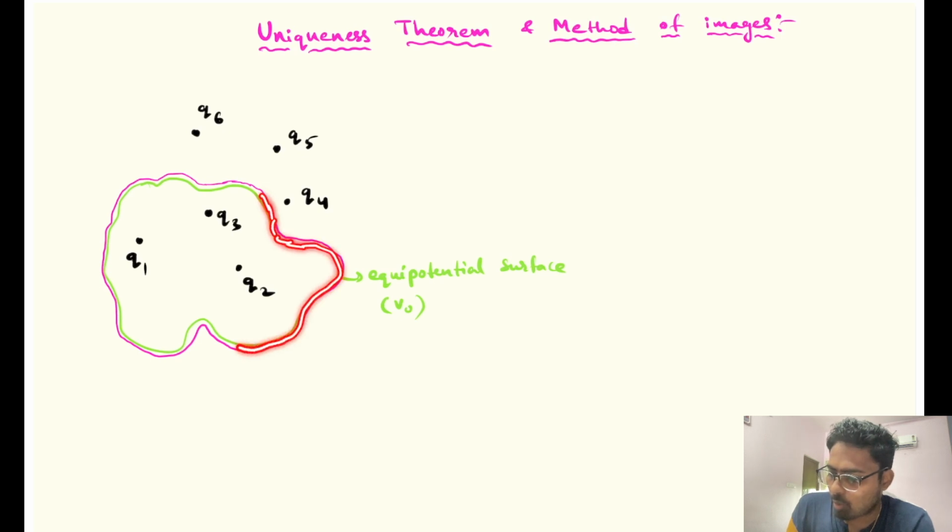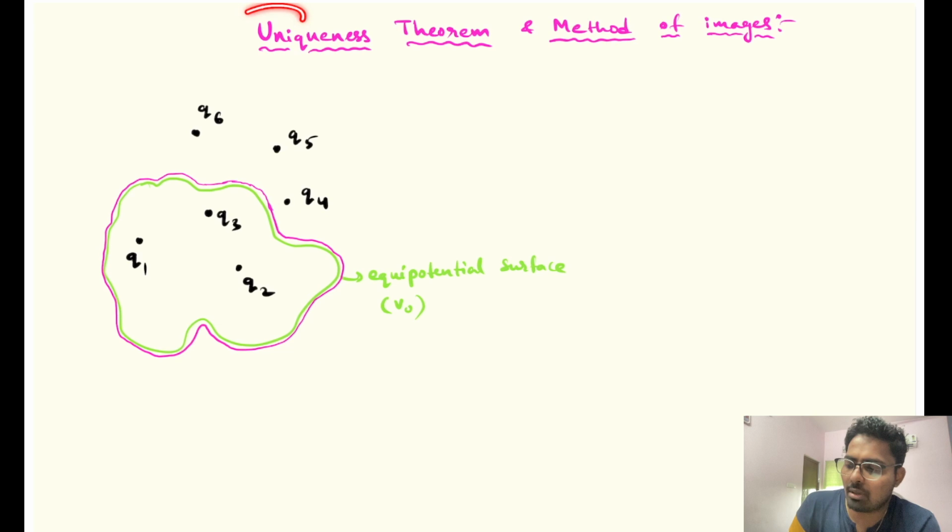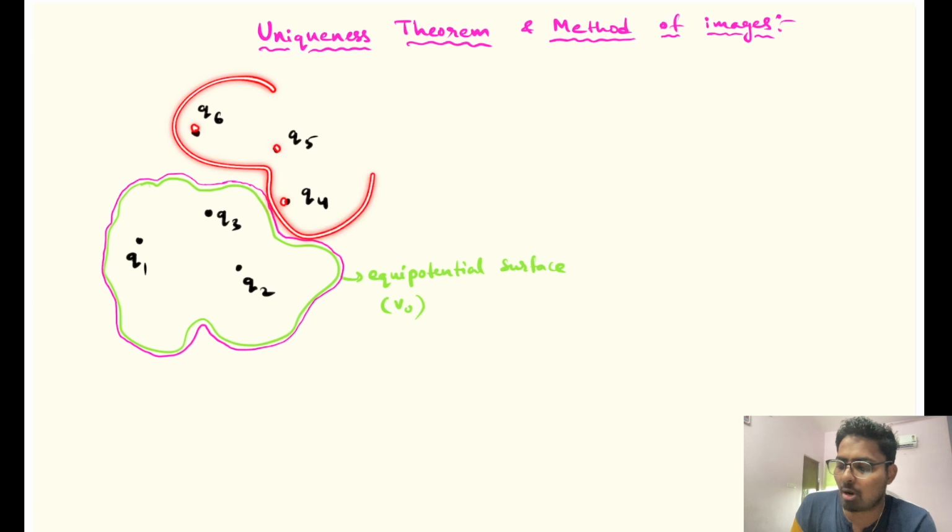Now what does this uniqueness theorem state? There exists a conductor whose potential can become V0. How can its potential become V0? Just because of these charges it is not possible.